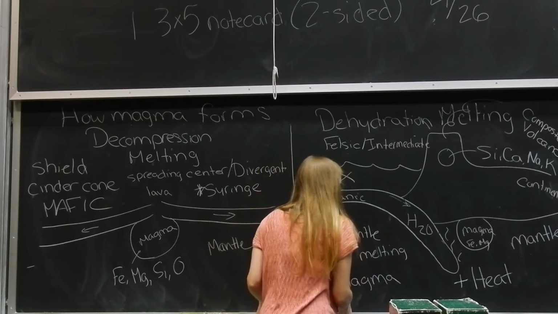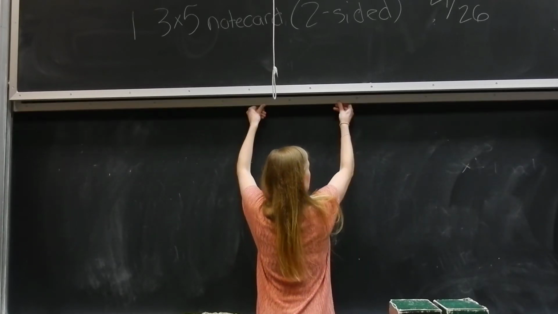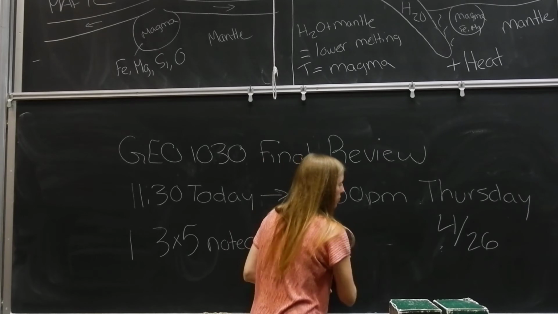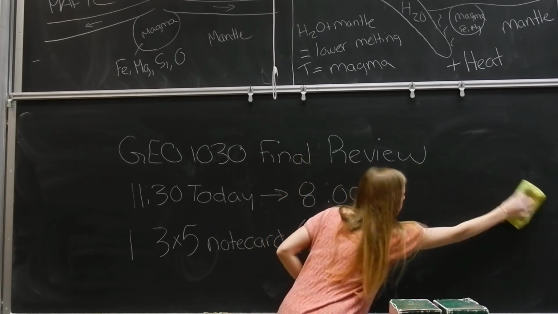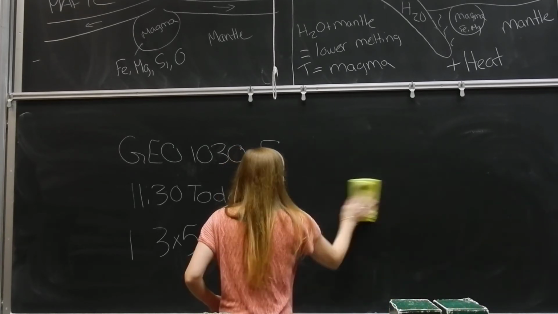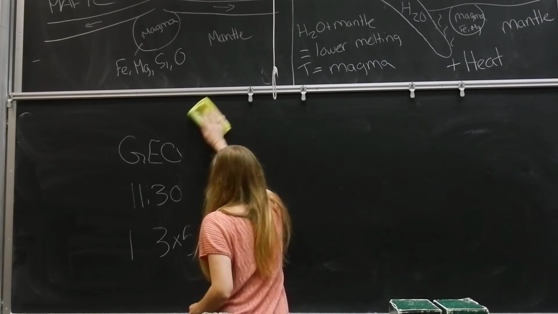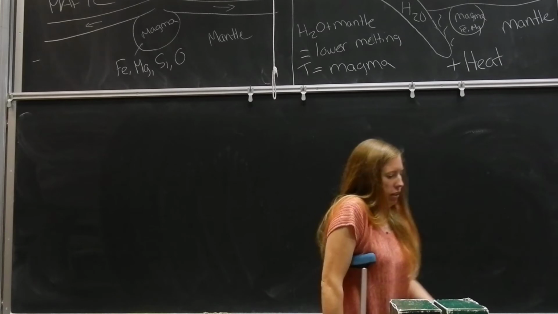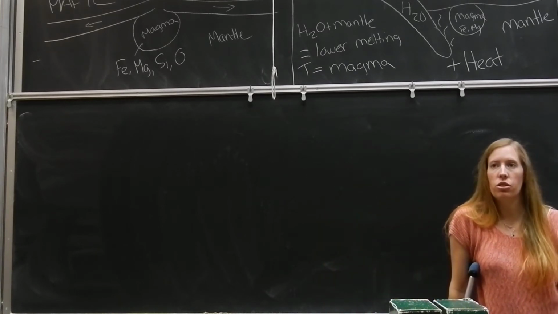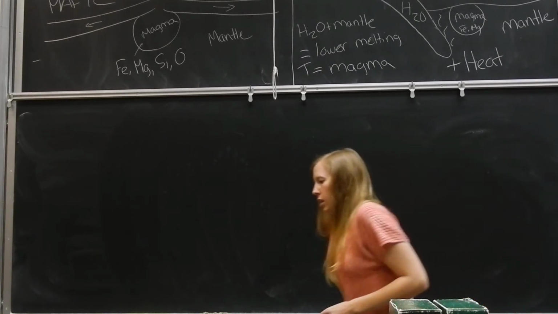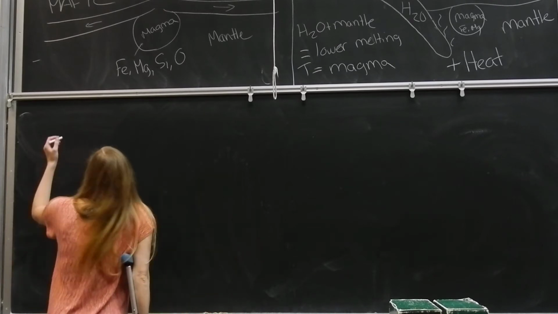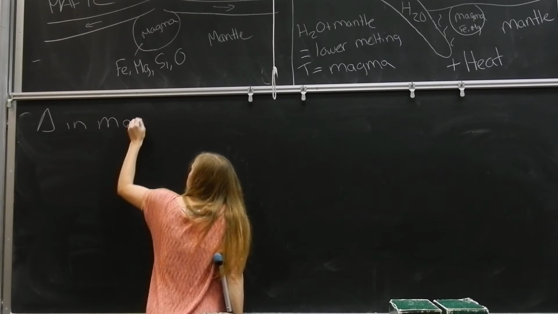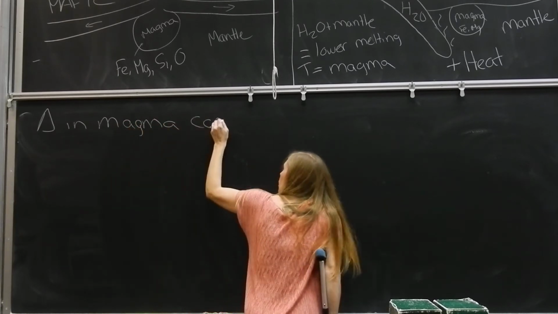Now we need to figure out how to change the composition. How do we get from a mafic-rich magma below our volcanic arc at a subduction zone into felsic or intermediate composition at the top? So a change in magma composition.